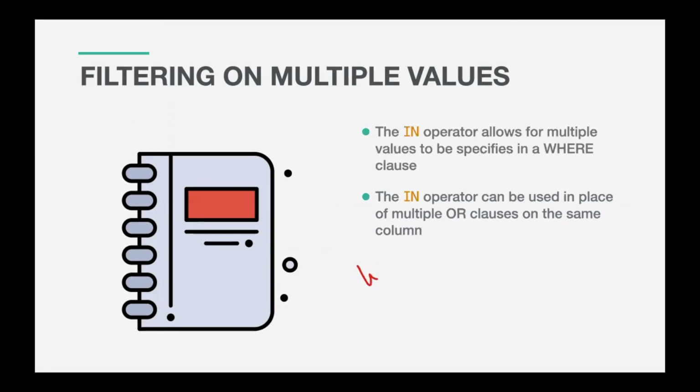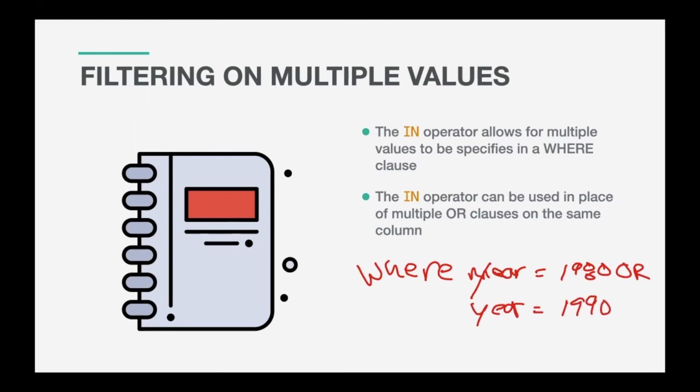So I could do where year equals 1980, and then an or, and then year equals 1990, and so forth. I could do that. Where the in clause allows you to do that in a little bit shorter syntax, and we're not having to repeat this all the time. We do that by providing a list of values.